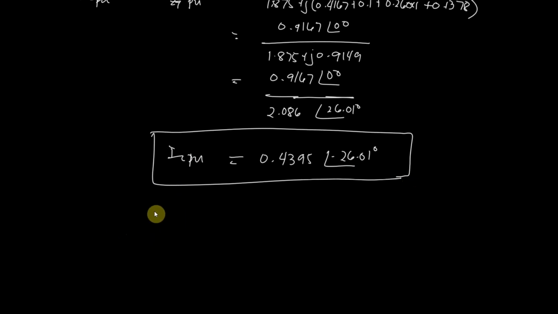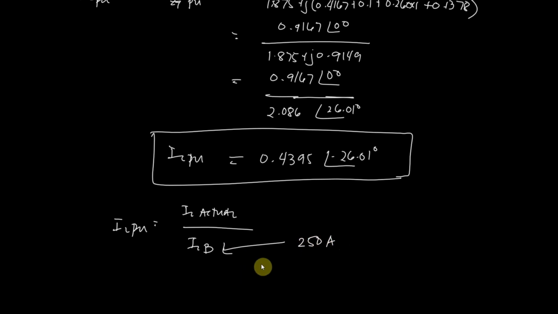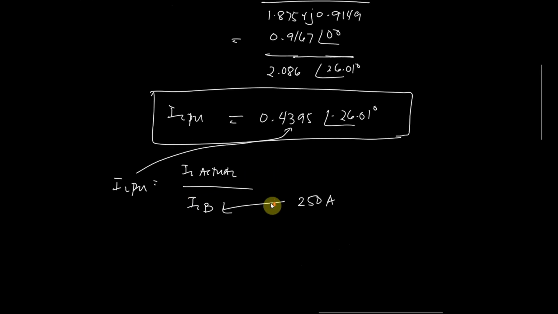So, ngayon, dahil meron na tayong per unit, IL per unit is equal to IL actual divided by IL base. So, kung marirecall natin kanina, itong IL base natin is equal to 250 amperes. Nakalculate natin kanina yan. And then, meron tayong IL per unit which is yung value na yan.